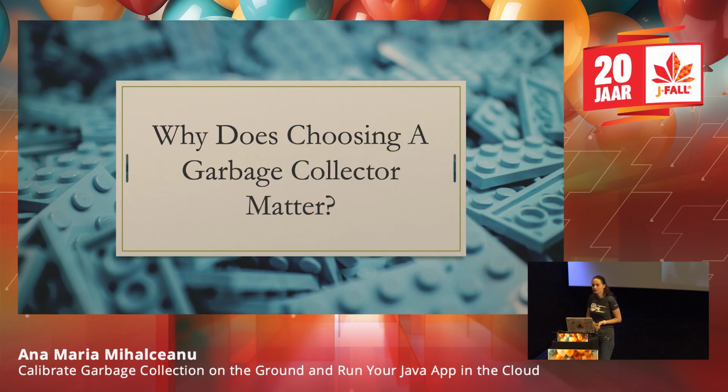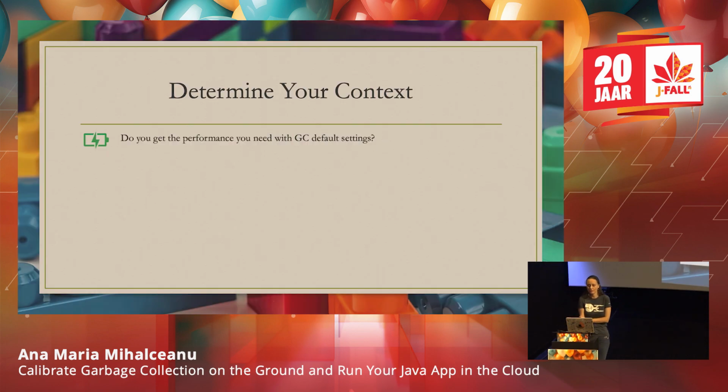Now, why does choosing a garbage collector matter? It matters because we have to look at the context of our application. That's what we're going to do in the next 30 minutes. The collectors strive to be as optimal as possible in every aspect, but they are designed to make different trade-offs and to support different use cases, like your applications.